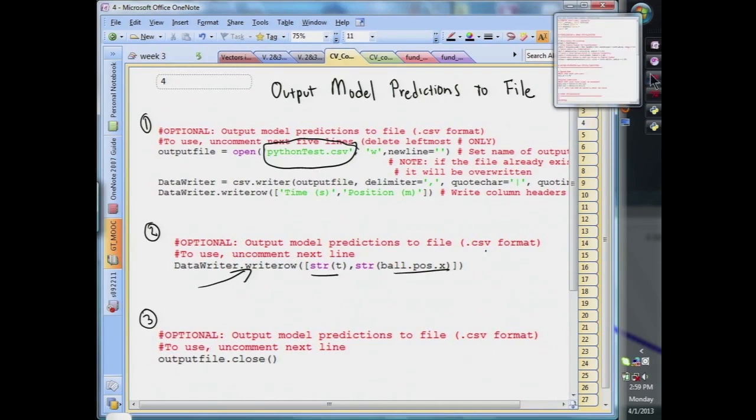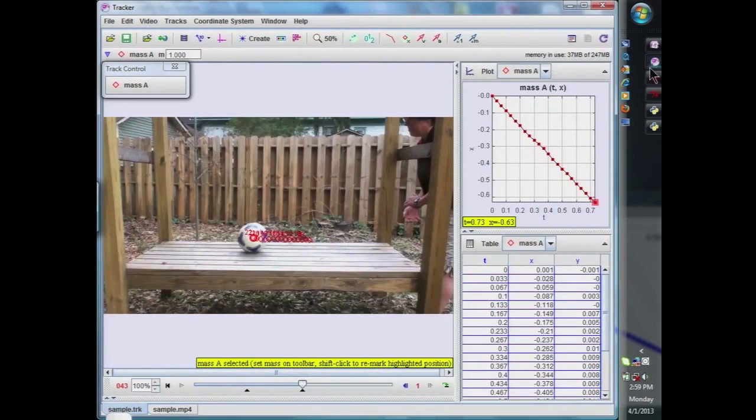Now, to obtain the observed position versus time, we open the tracker file as shown here, containing the position data we determined from our earlier analysis. We can cut and paste the corresponding observed x position and corresponding time into the same spreadsheet that contains our predicted positions.